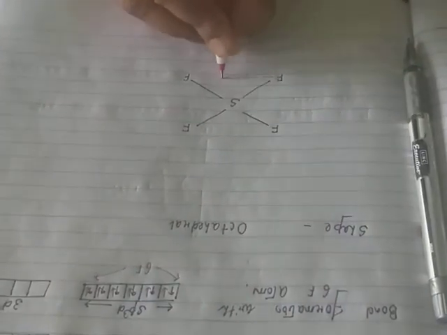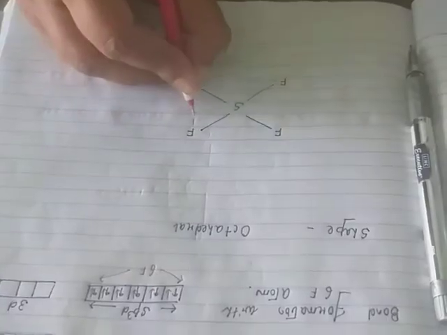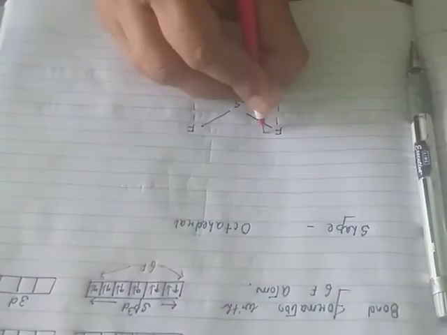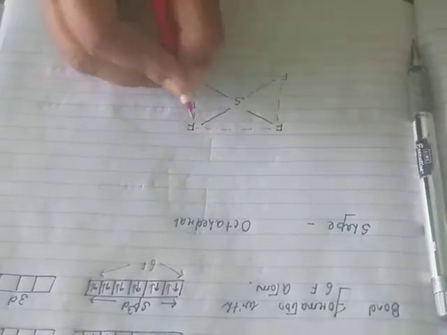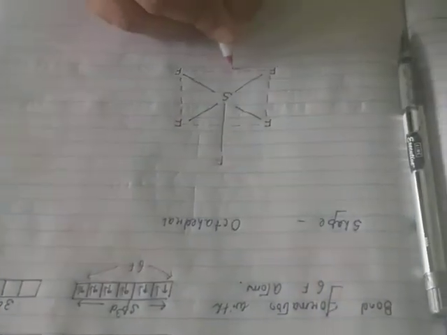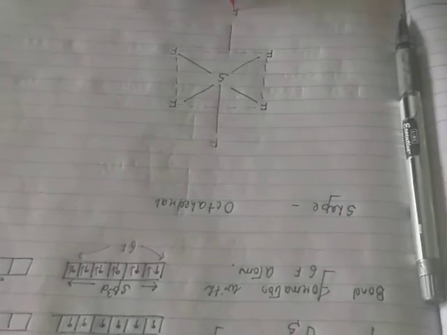This is how the square is made. This is all in the plane, and one fluorine is necessarily above the plane, another fluorine is below the plane.